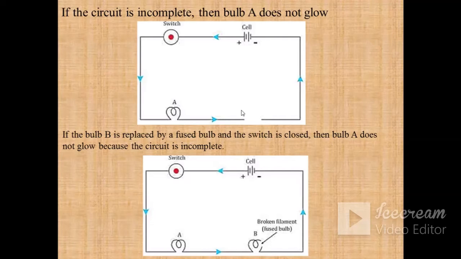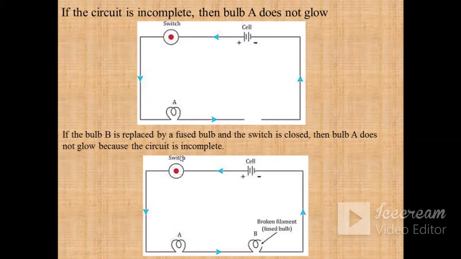There may be a breakage of the wire, or there may be a fused bulb, or maybe one of the electric appliances not working. Now if the bulb B is replaced by a fused bulb and the switch is closed, then the bulb A does not glow because the circuit is incomplete.